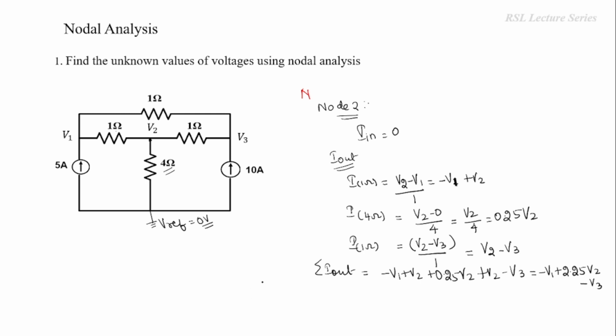Now we have to write down Kirchhoff's current law. By Kirchhoff's current law, the sum of the outgoing currents is equal to the sum of the incoming currents. In this case, the incoming current is 0. So the Kirchhoff's current law equation is minus V1 plus 2.25 V2 minus V3 equal to 0. So this is equation number 2.